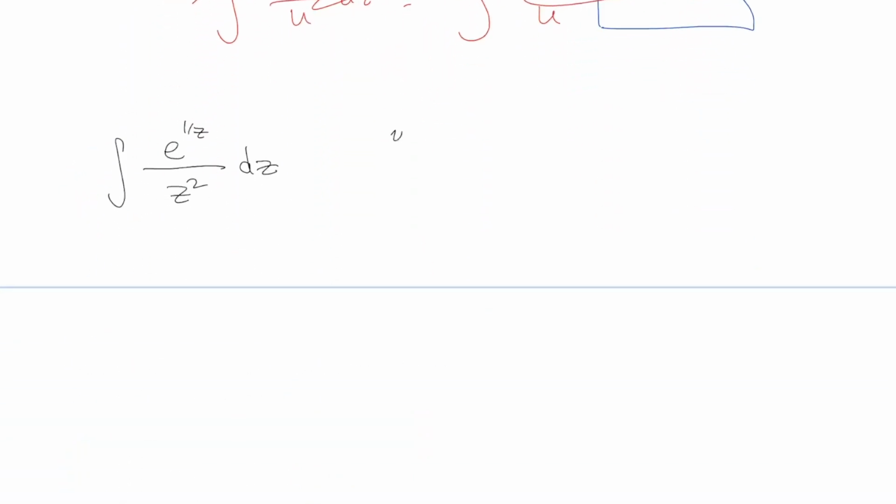I'm going to choose instead the inside of the exponent, 1 over z. All right? What's the derivative of that? Of course, 1 over z is the same as z to the minus 1 power. And so when I take the derivative of that, it is negative z to the minus 2 dz. Already, this is slightly confusing, just because you're so used to doing the antiderivative every time, you may have forgotten how to do the derivative of 1 over z, but it's that. z to the minus 2 power dz.